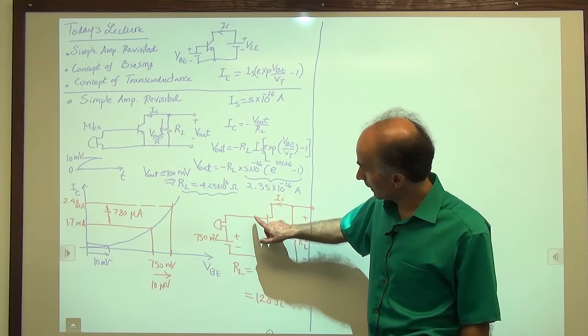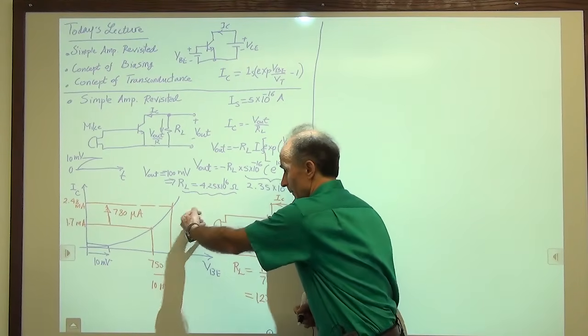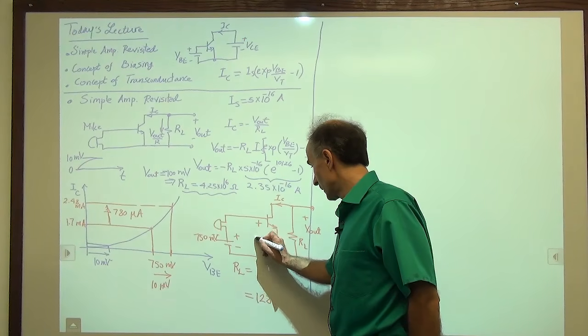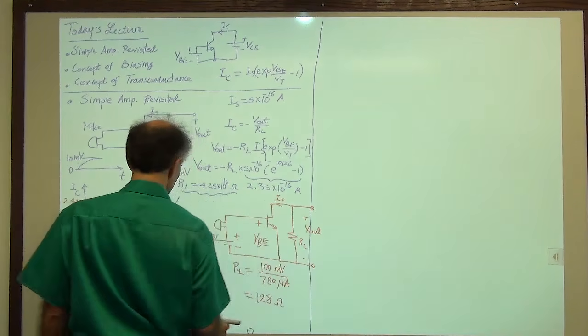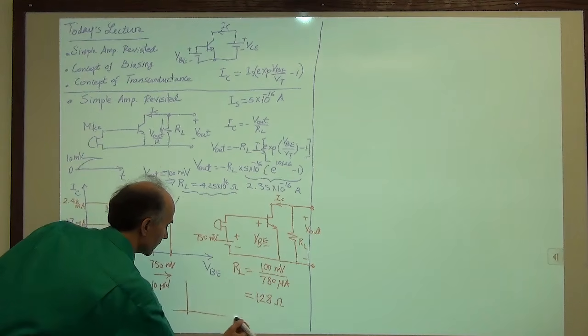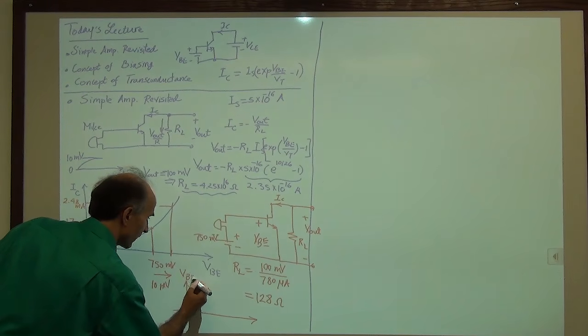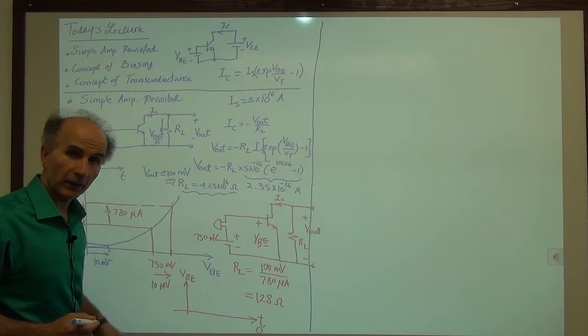All right, so if we look at the base emitter voltage as a function of time, while we are speaking to the microphone, this is what we will see. So let's plot this base emitter voltage as a function of time. So here's the base emitter voltage as a function of time while we are speaking into the microphone.